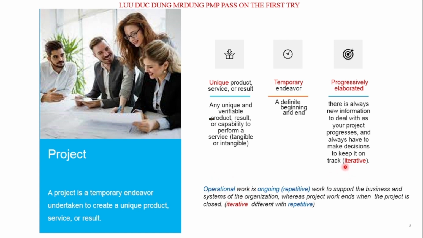But iterative is also looping daily, but it adds more information to the project, and even though it's always looping, more information is added in each loop, so it becomes clearer.